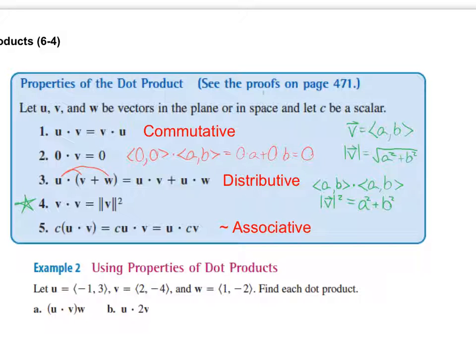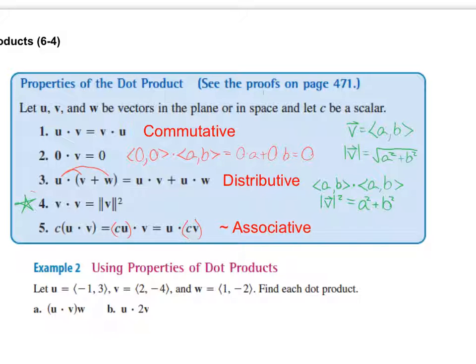But what this property is telling us is that you could find the dot product first and then multiply by the constant. That's what's shown first. Or you could multiply one of the vectors by the constant first, and then do the dot product. Maybe one of those vectors has components that are fractions, and by multiplying by the c first, it'll make them integers. Do that first, and then it makes it easier to find your dot product.